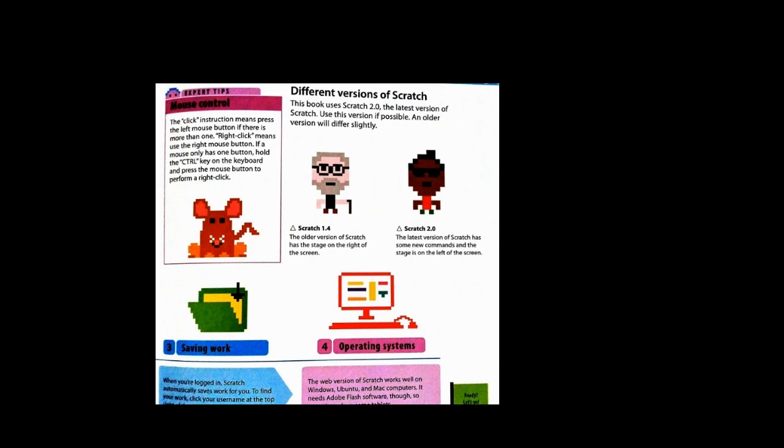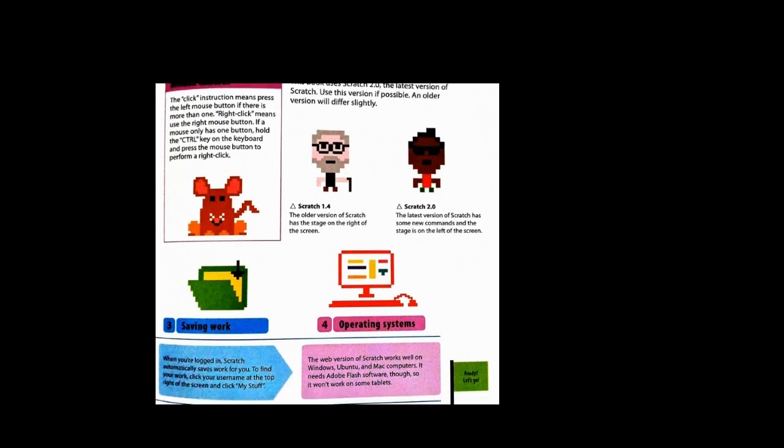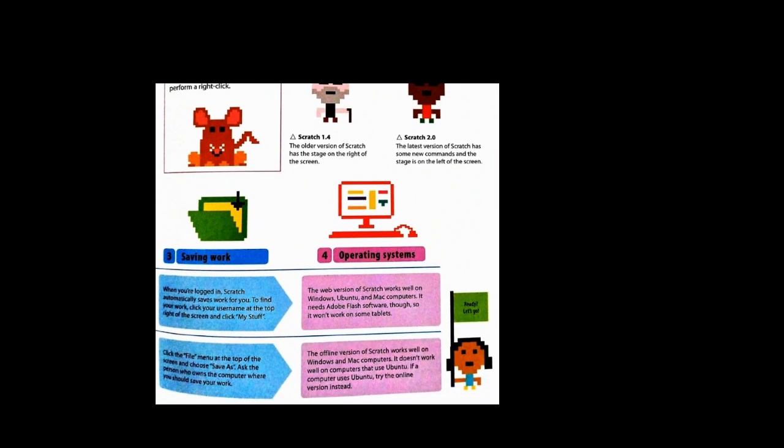This book uses Scratch 2.0, the latest version of Scratch at the time. Use this version if possible. An older version will differ slightly. Scratch 1.4, the older version, has the stage on the right of the screen. Scratch 2.0, the latest version of Scratch, has some new commands and the stage is on the left of the screen.